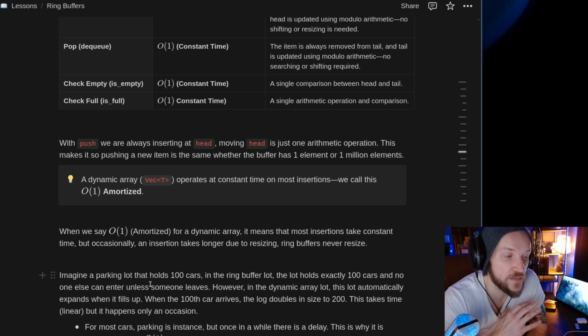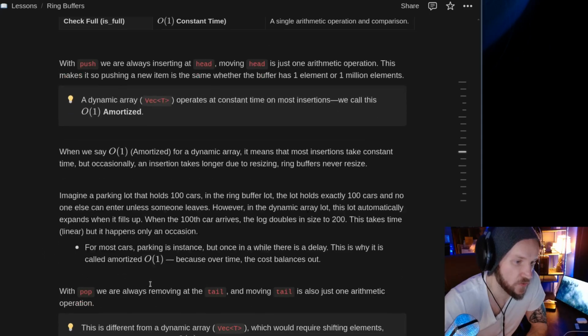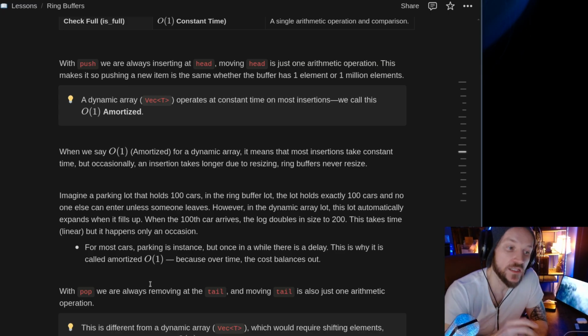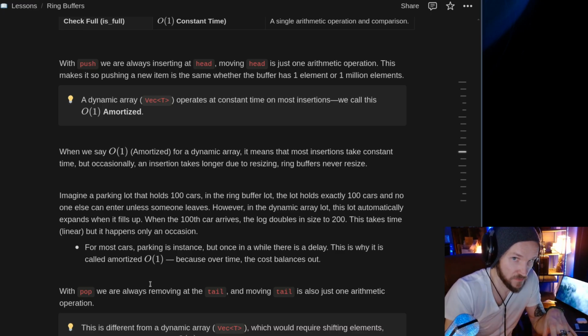But ring buffers, they never resize, right? So imagine a parking lot that holds 100 cars. In the ring buffer lot, the lot holds exactly 100 cars and no one else can come in unless someone leaves, right? However, with the dynamic array, think about this, the lot automatically expands when it fills up.